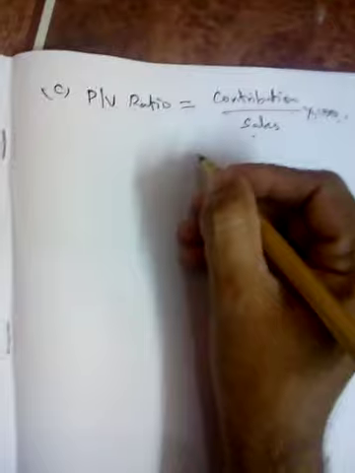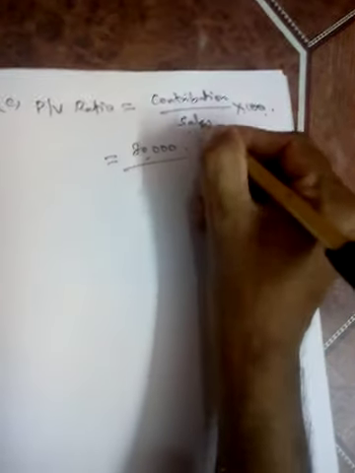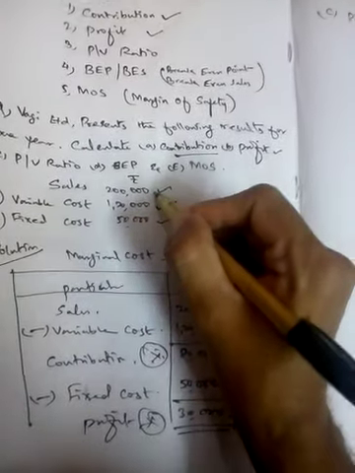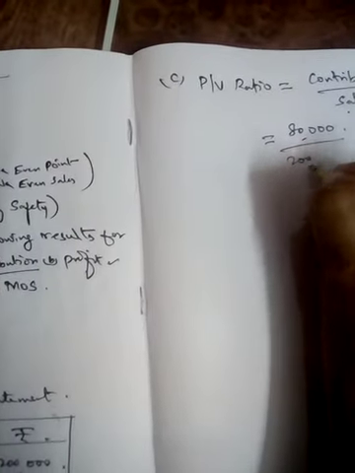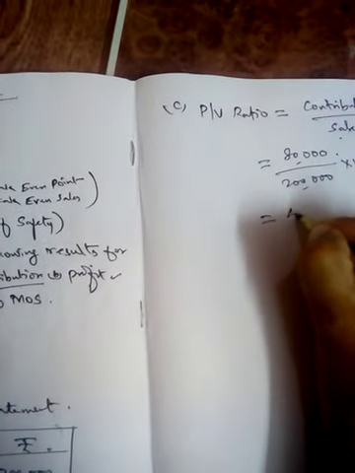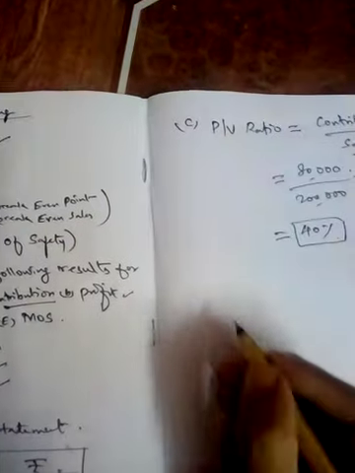Here the contribution we found is 80,000. So use the formula: 80,000 divided by sales. Sales in the question itself are given as 2 lakh rupees. So we use the same 2 lakh rupees into 100 as it is. Now simplify, we get 40%.